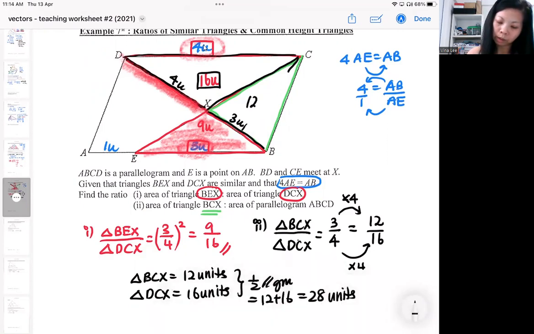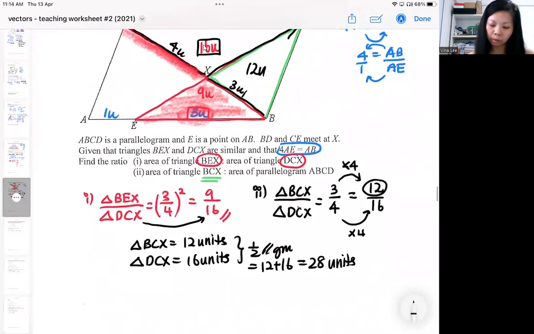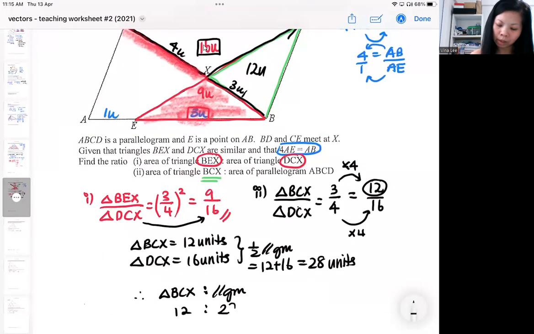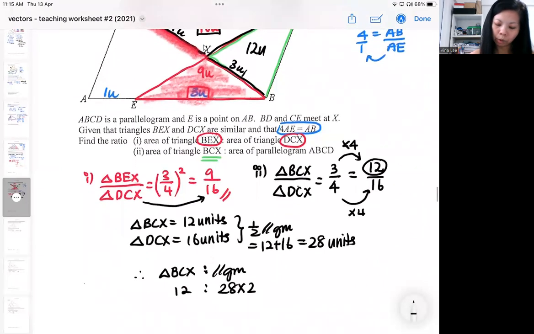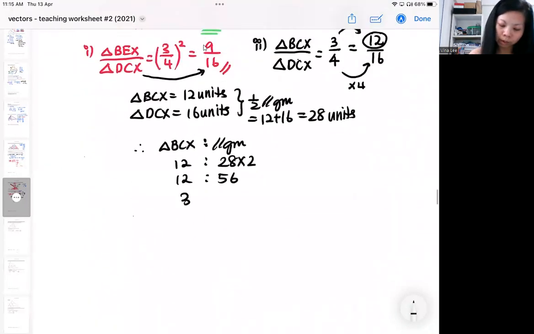From here, half the parallelogram is 28. Therefore, the ratio of BCX to the parallelogram will be 12 is to 28 times 2, which is 12 is to 56. If you reduce it, you will get 3 is to 14.